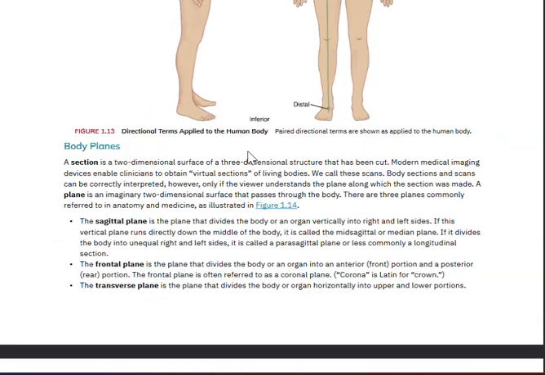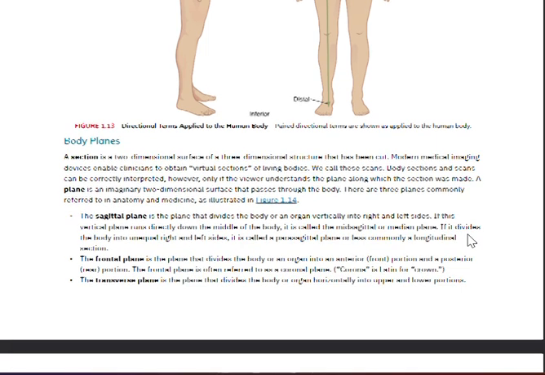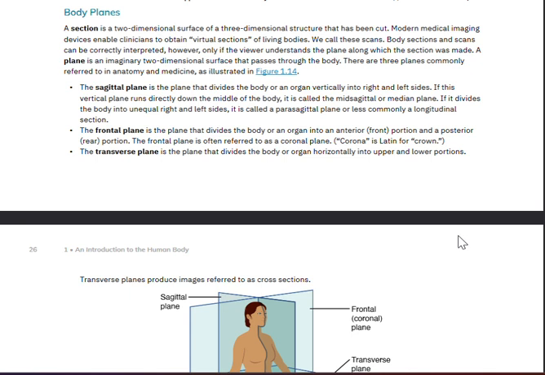Alright, body planes. Let's go. Sagittal, frontal, transverse. It's how you cut the body into planes. The sagittal plane is the plane that divides the body or an organ vertically into the right and left sides. If this vertical plane runs directly through the middle of the body, it is called the mid-sagittal or medial plane.